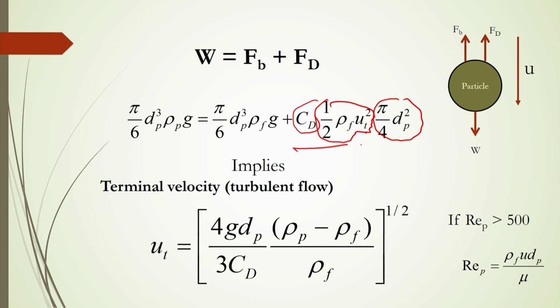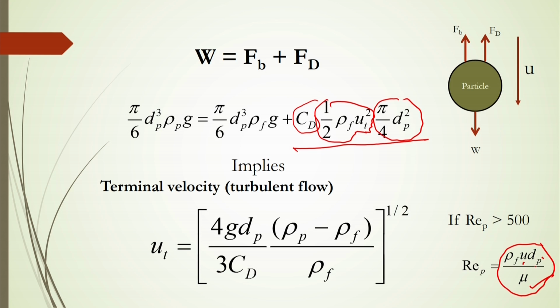So, this is your drag force at turbulent condition, that means Reynolds number of the particle greater than 500. See how Reynolds number is defined here: density into velocity into particle diameter by mu, where mu is the viscosity, rho f is the density of the fluid, u is the velocity, and dp is the particle diameter.